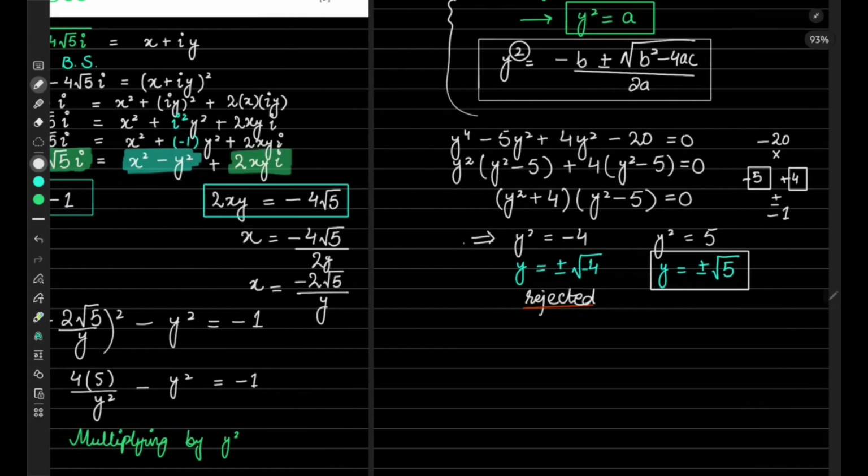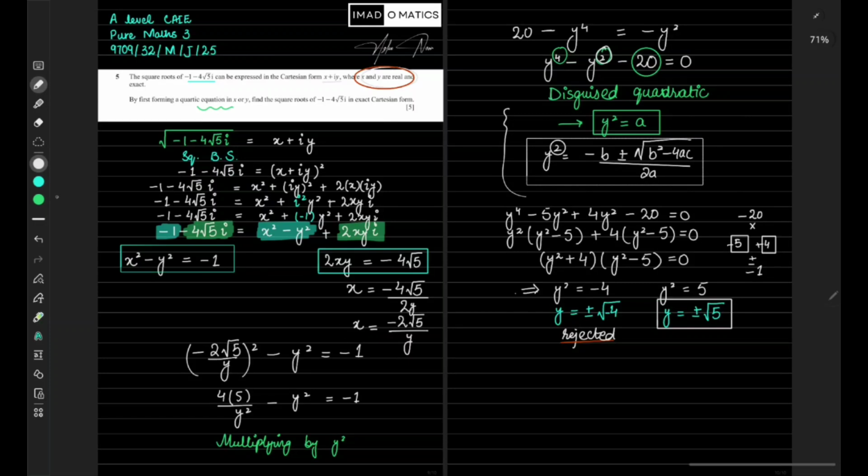Now substitute it back in the x equation. This is your x equation that you made. So x will be equals to minus 2 root 5 over y.